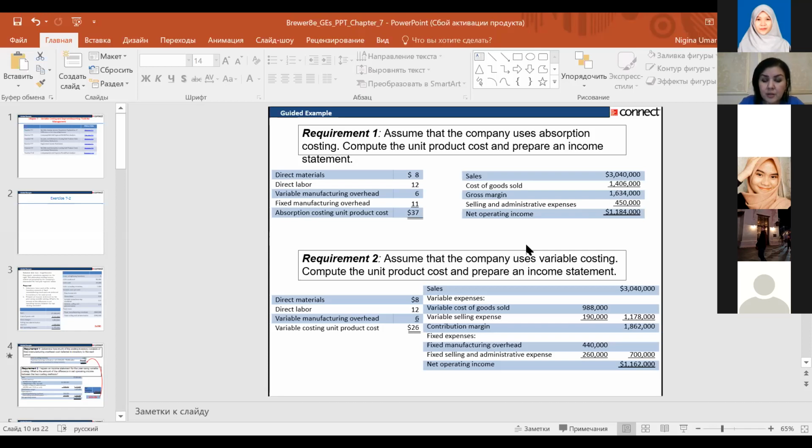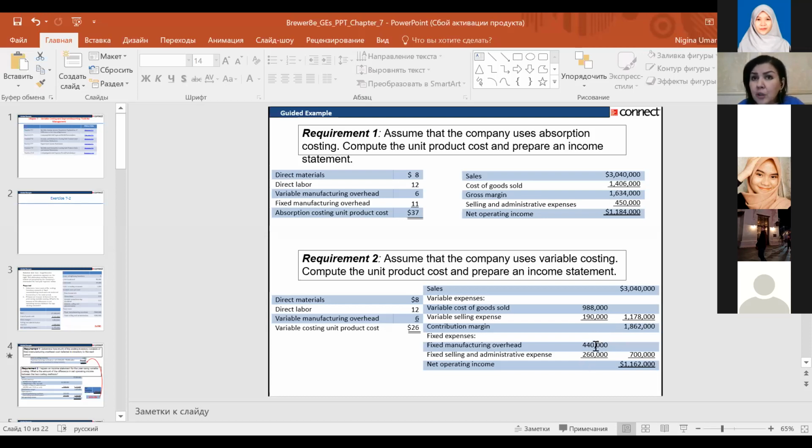So for managers, of course, the contribution format income statement, or under variable costing, is more useful because they know how variable costs change. If they produce one more unit, if they sell one more unit, how the contribution margin will change. And they look at whether the contribution margin is enough to cover fixed costs.